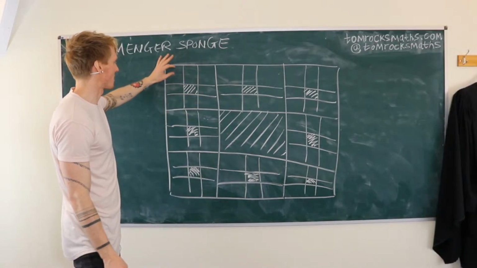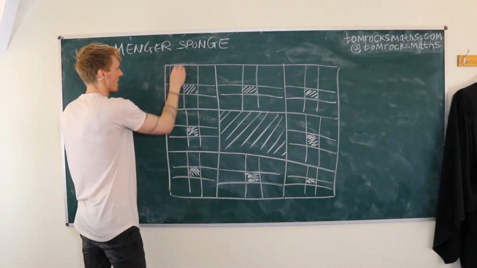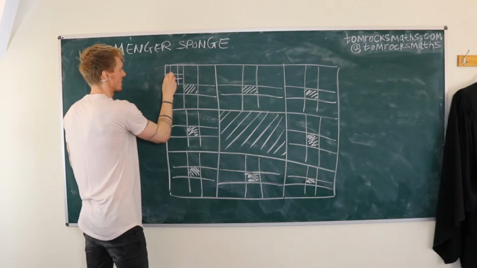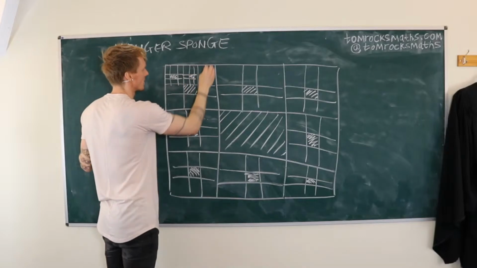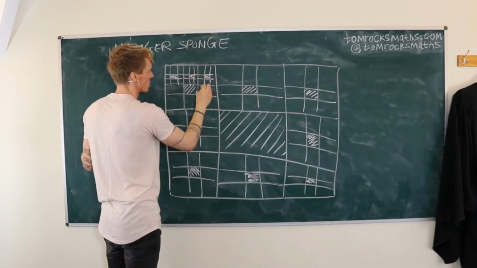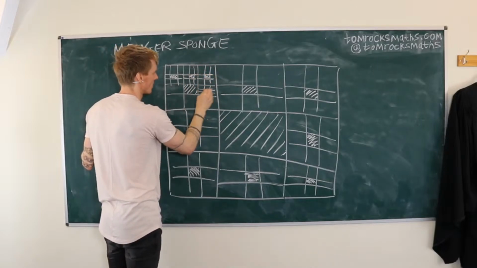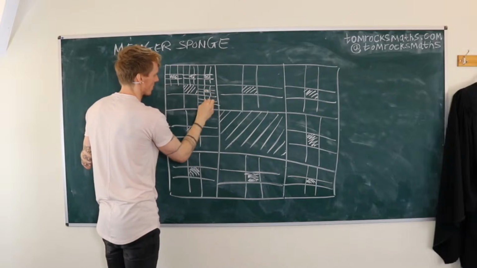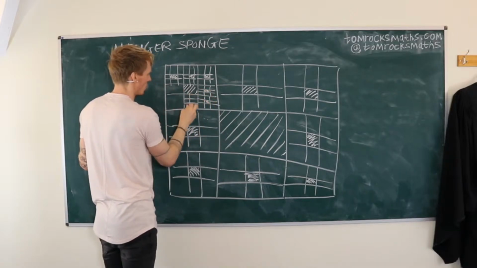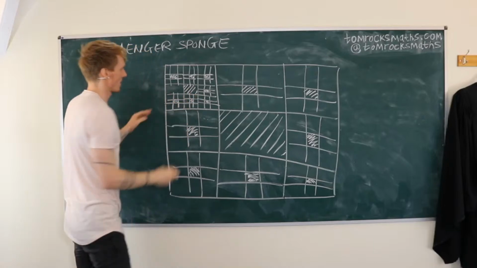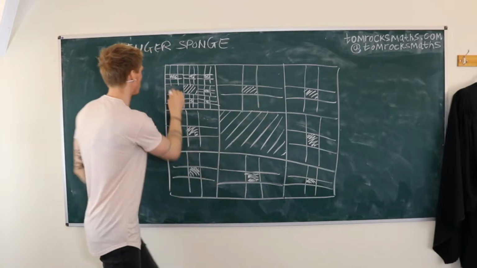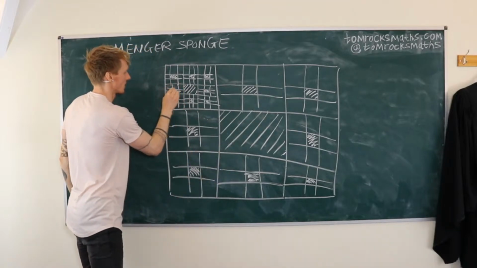We're going to do the exact same thing: divide up each of the squares into 9 pieces and delete the middle. I'm just going to draw it in this top one. Definitely not doing it for the others, but you would do this in all of the squares. So imagine this top one copied into all of the other ones as well.